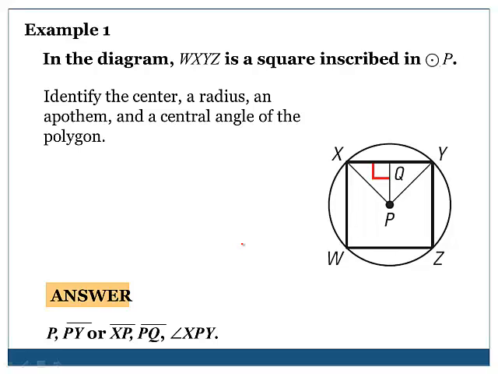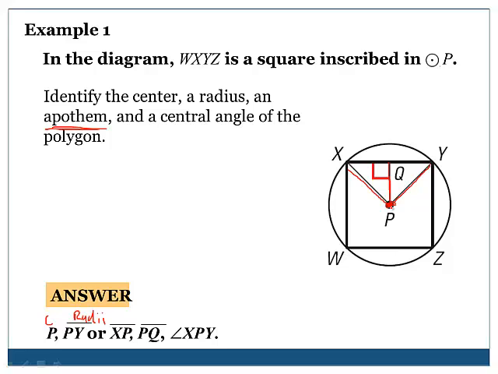So we have a center, that's center P. A radius, we have PY, or XP is indicated here, so this is a radii, this is a radii. The next thing is an apothem. Remember, the apothem is drawn from the center to the side, and it has to be perpendicular.